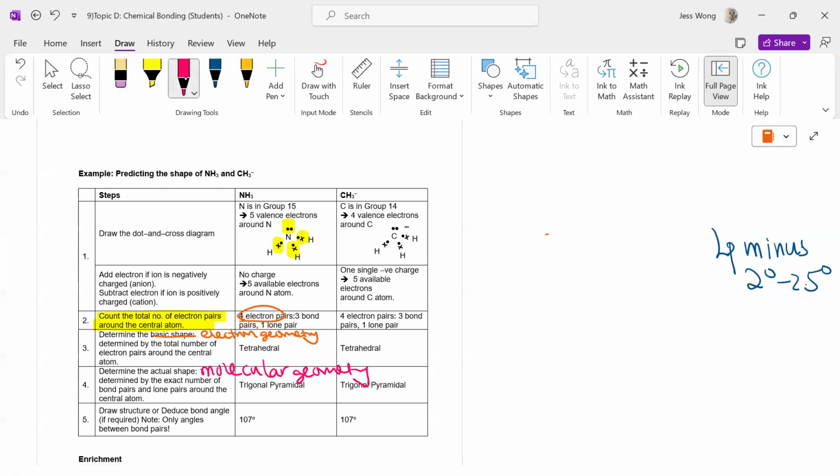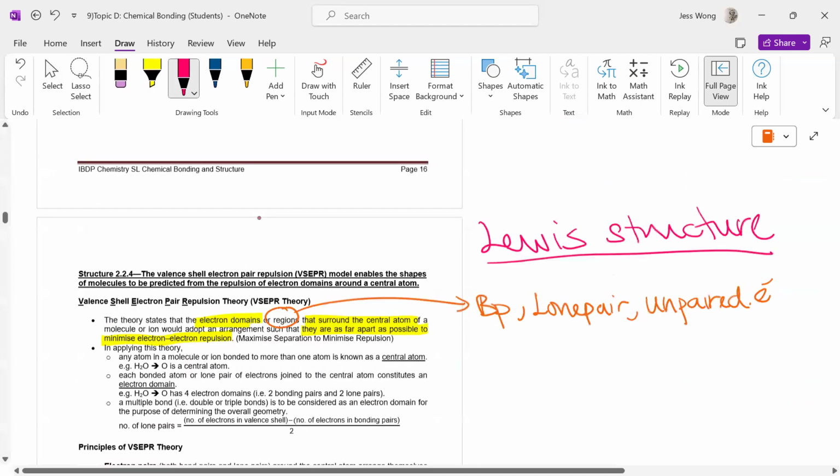So next I have CH3 minus. Maybe we don't look at CH3 minus because it has the same shape as this. So let me look at something else.